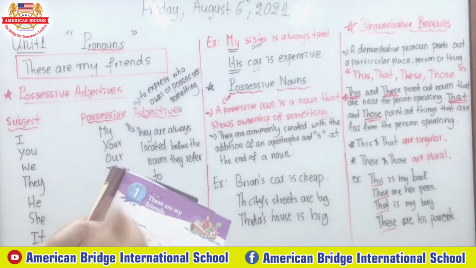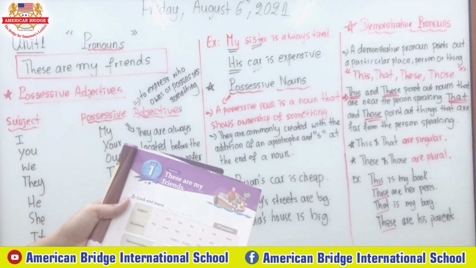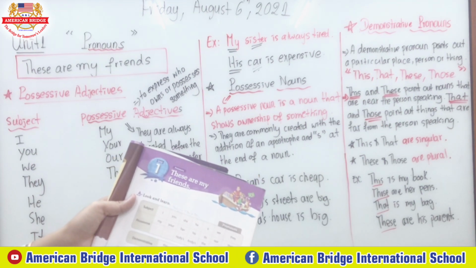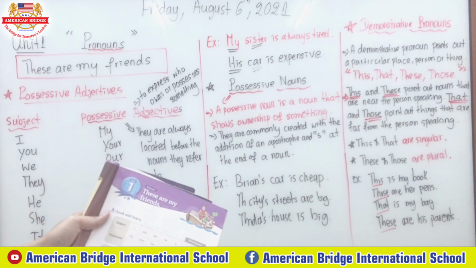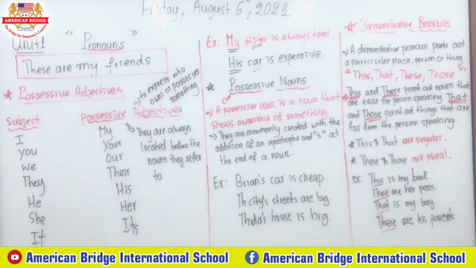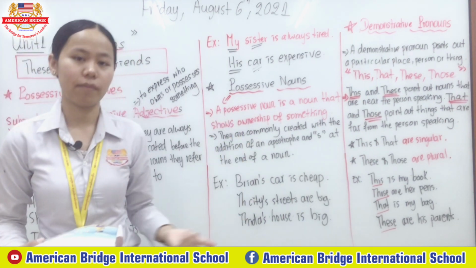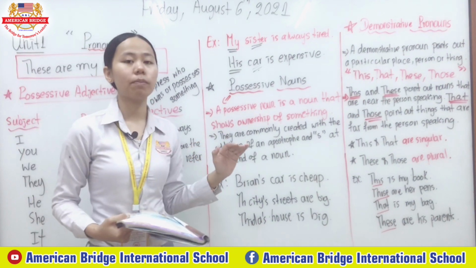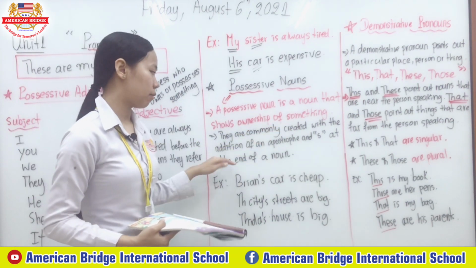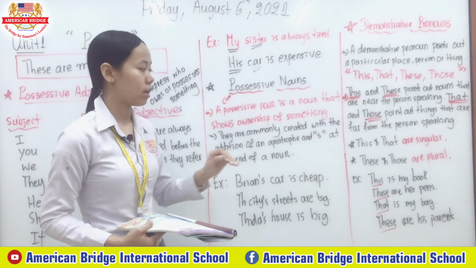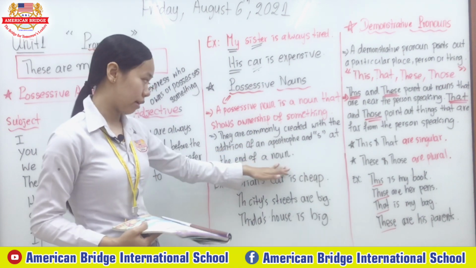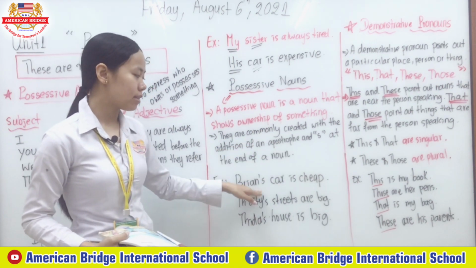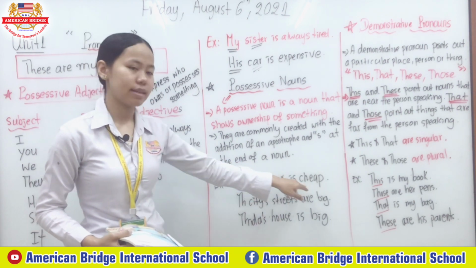When we talk about possessive, we are trying to indicate ownership or possession. A possessive noun is a noun that shows ownership of something, everyone. And you need to know that they are commonly created with the addition of an apostrophe and s at the end of a noun. For example, Brian's car is cheap.